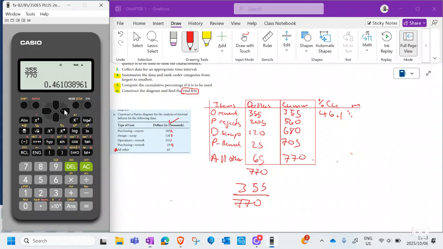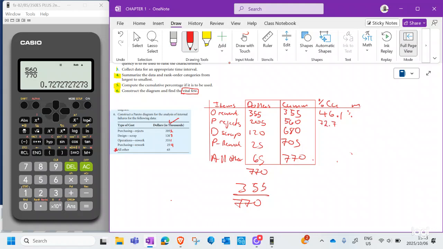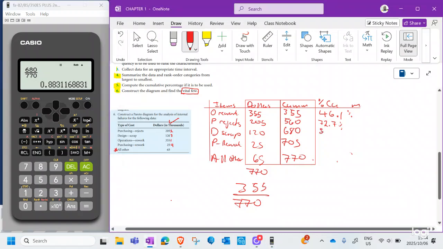Then 560 goes to 72.7%. Then 680 goes to 88.3%.